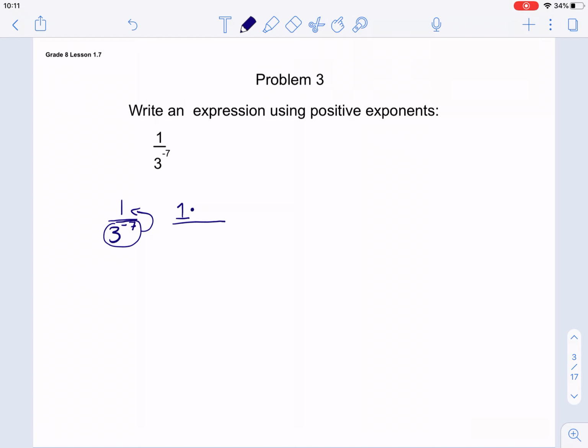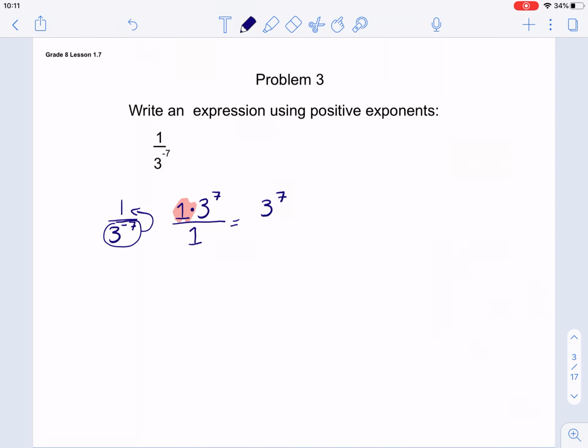So this will be 1 times 3 to the 7th power. Since I moved it to the numerator, my exponent would become positive. And I don't want to leave my denominator blank, so I'm going to replace it with a 1. Again, since I have 1 times this expression, the 1 isn't going to change anything.